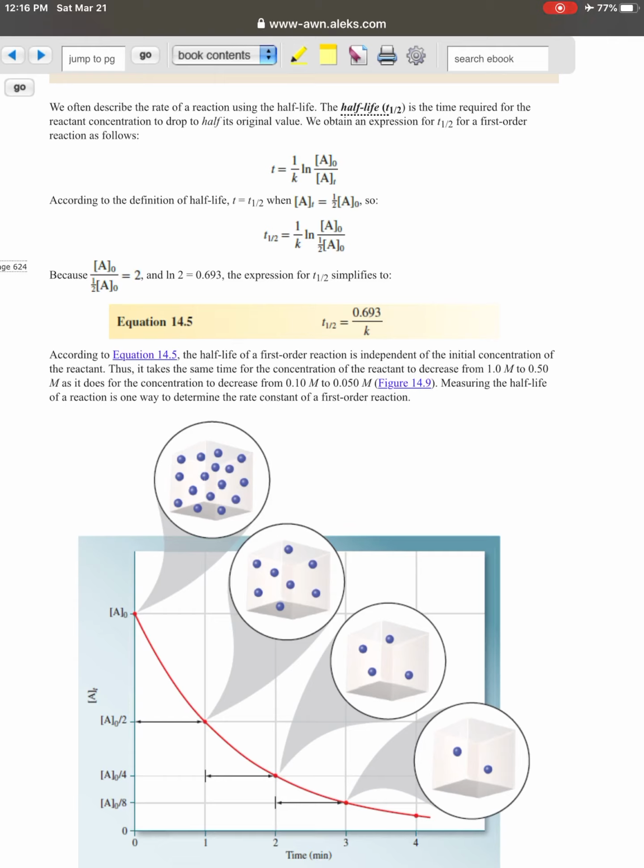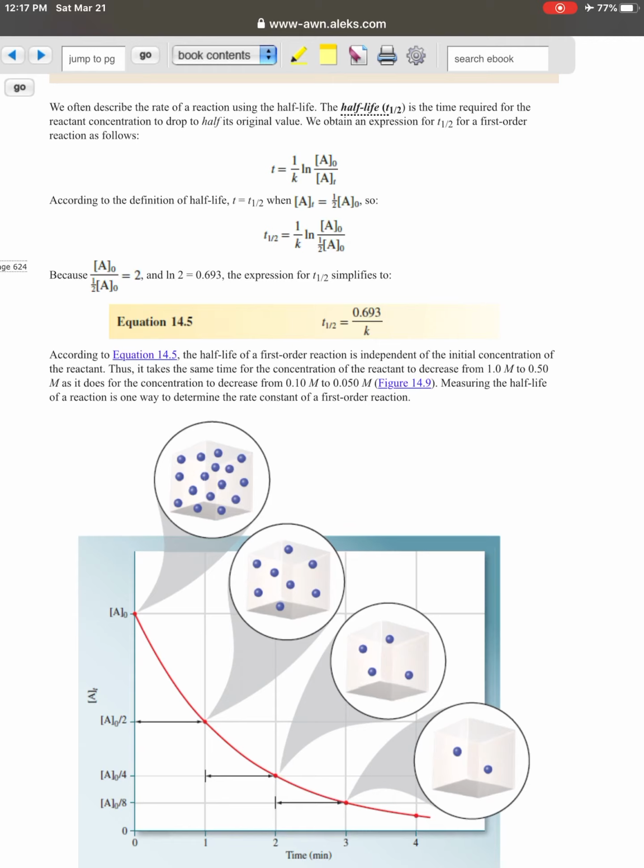We obtain the expression for half-life for a first-order reaction as follows. t equals 1 over k, remember k is the rate constant, times ln [A]0 over [A]t. According to the definition of half-life, t equals t1/2 when [A]t is equal to 1/2 [A]0. In other words, when the concentration of A is 1/2 of its initial concentration. That's how we're defining it.